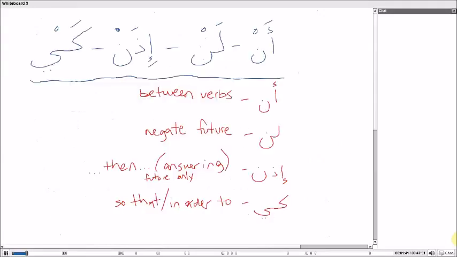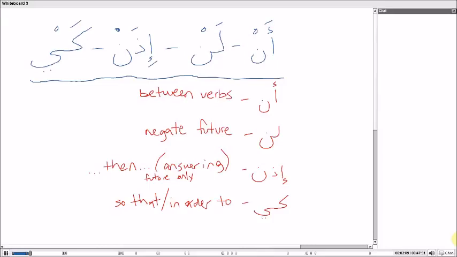So previously, last week, just to do a recap, we did those things which make the fi'l mudari, the present tense verb, mansoob. For all intents and purposes, it places a fatha on the end of it, or it may be something else, depending on the type of verb or the complexity of the verb.